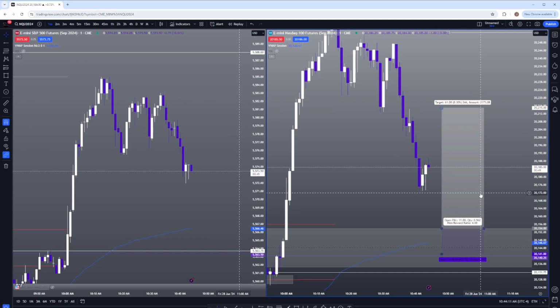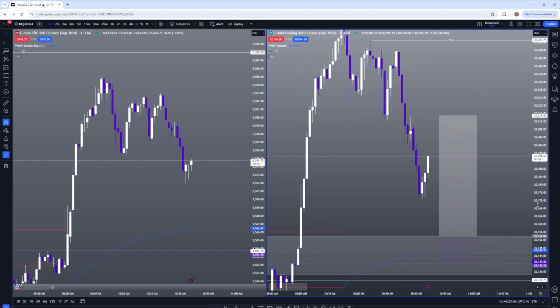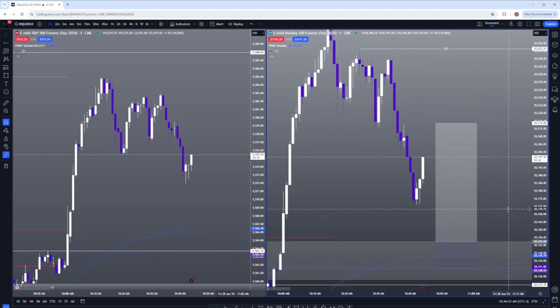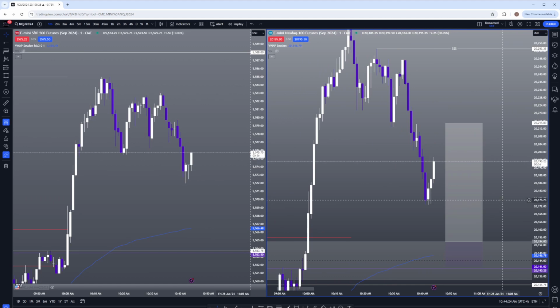So, how are you guys doing on the day? Did most of you hold that trade, that initial long, or did most of you sell it? I would like to get a good grasp of where you guys are at on the day.